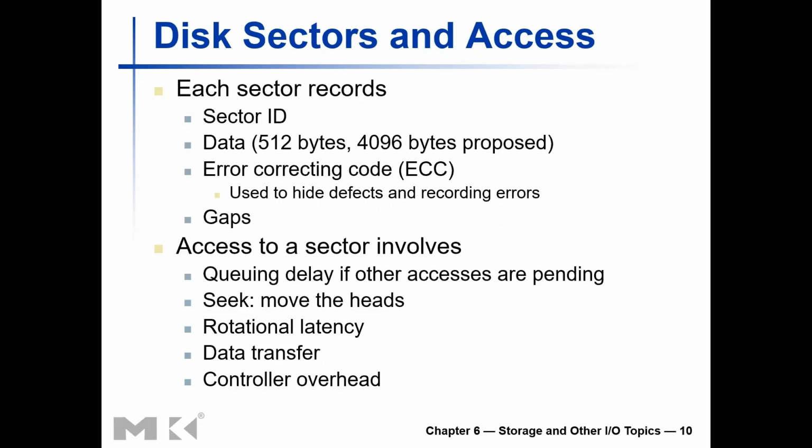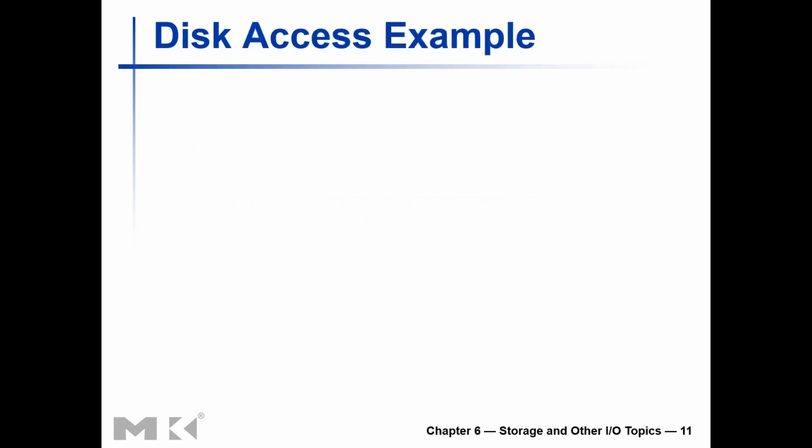Rotating the disk, we say rotational latency. The disk is 360 degrees and can be moved either way, so we can choose the closest, quickest move to reach the corresponding sector. These are the details about how we move the disk. And next, the time for data transfer, and controller overhead. There is a controller handling all these things, the data access, so we have a controller overhead.